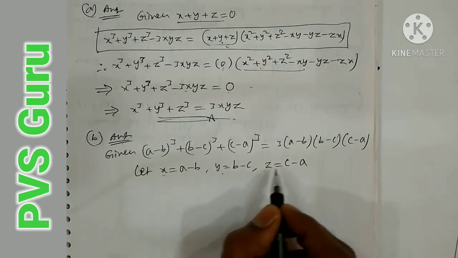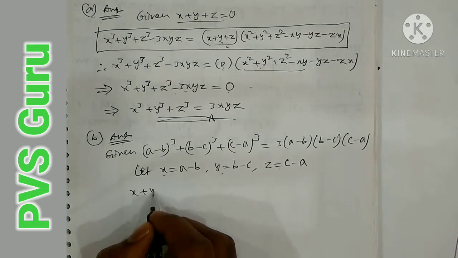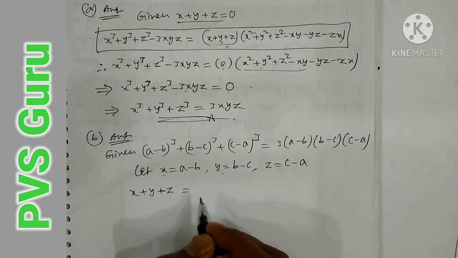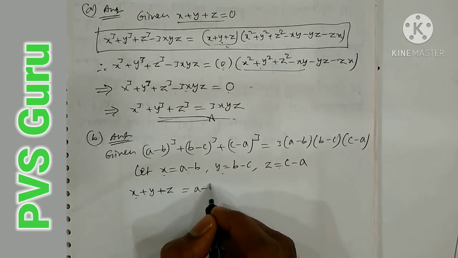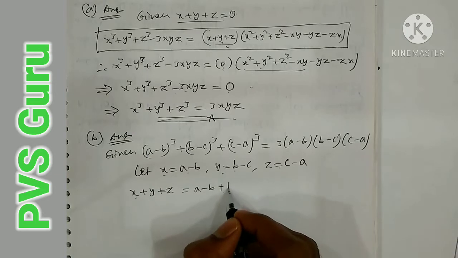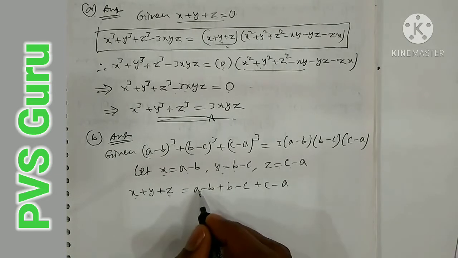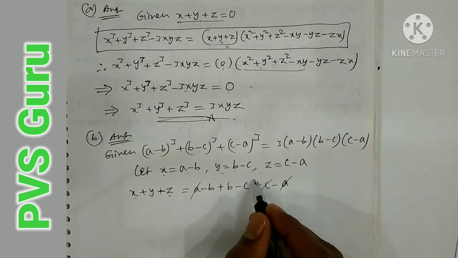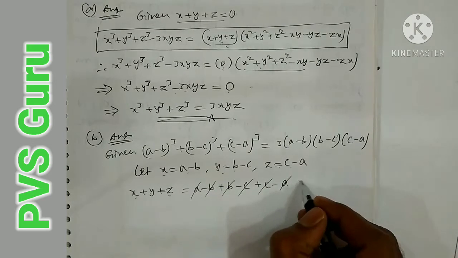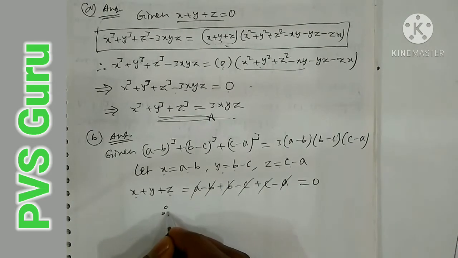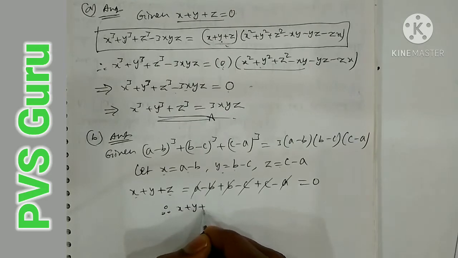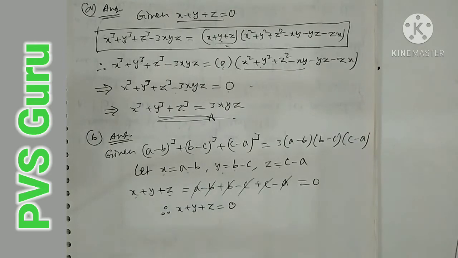Then you add these three terms, x plus y plus z is equal to a minus b plus b minus c plus c minus a. Here a minus a, c minus c, and b minus b is 0. So therefore x plus y plus z is equal to 0.